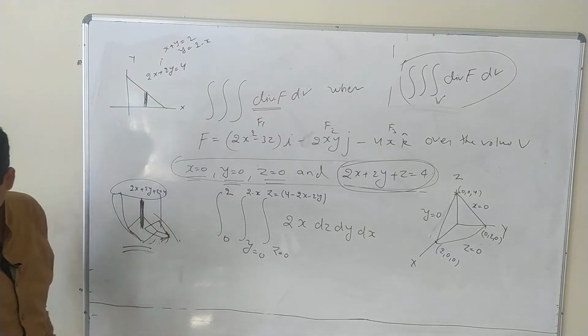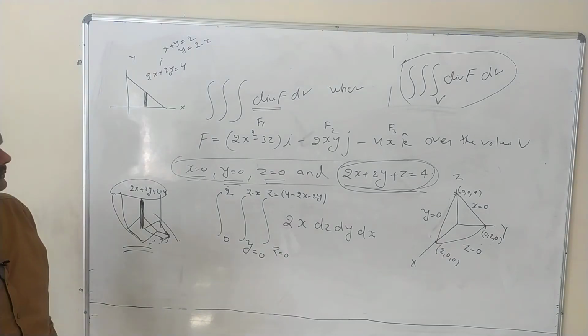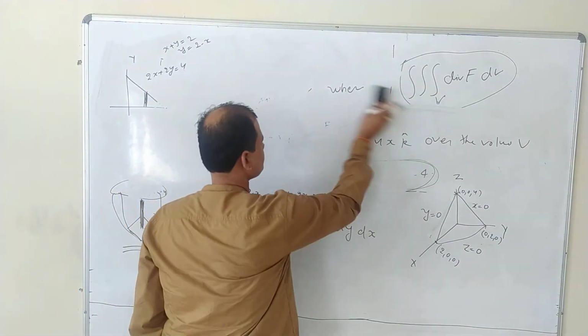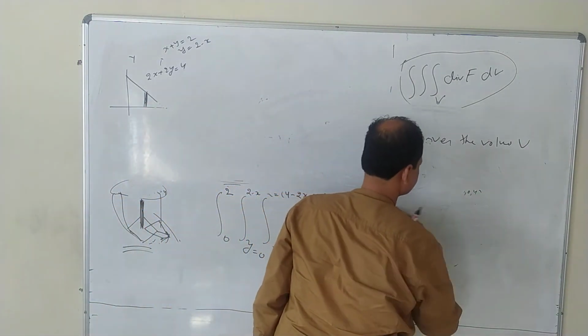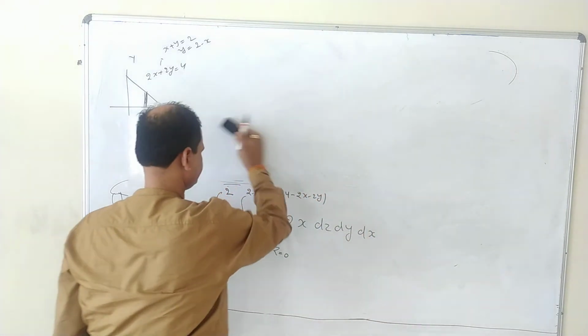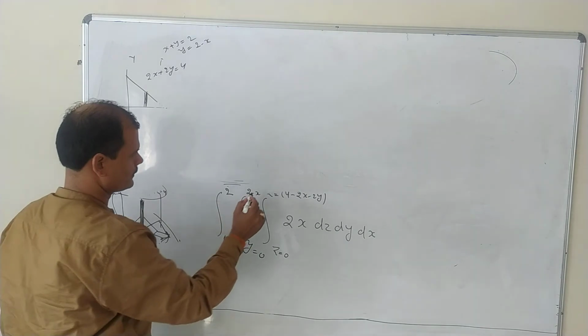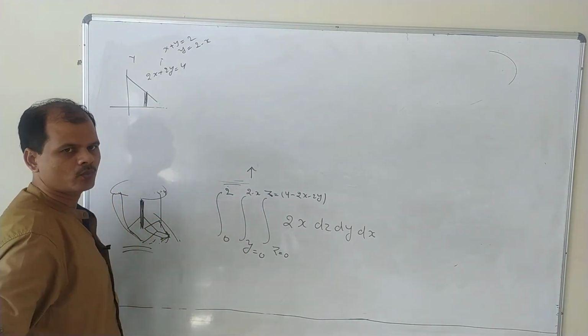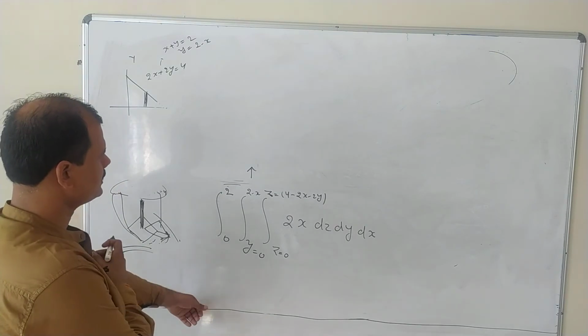So this is your triple integration, what you have done in multiple integration, right? So let us try to solve this. Triple integration means one by one we have to do the integration.